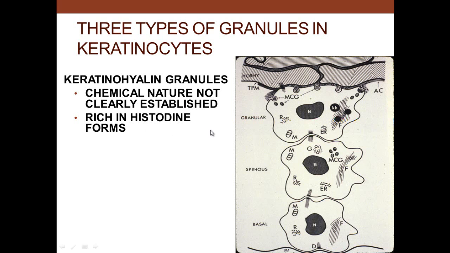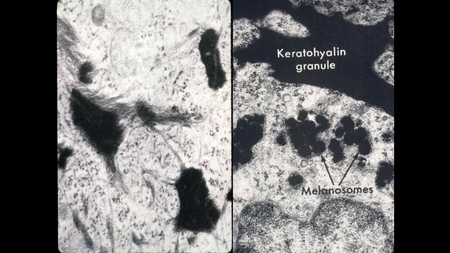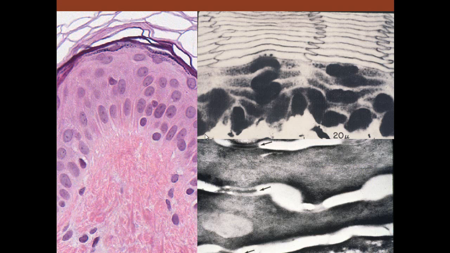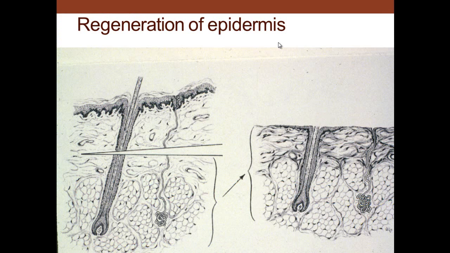They're rich in histidine and very insoluble. Here we see the keratohyalin granules in the stratum granulosum, and that's the only content that we have in these.